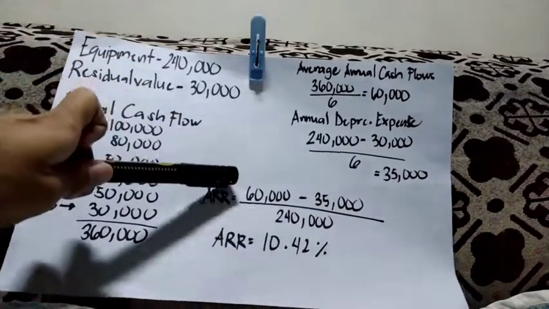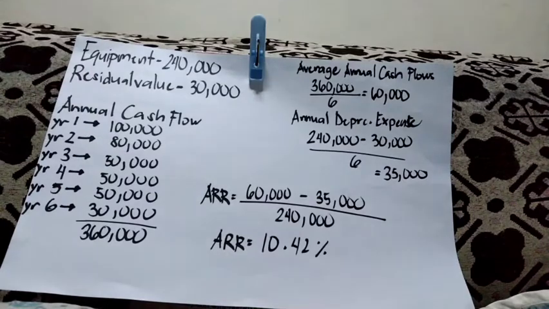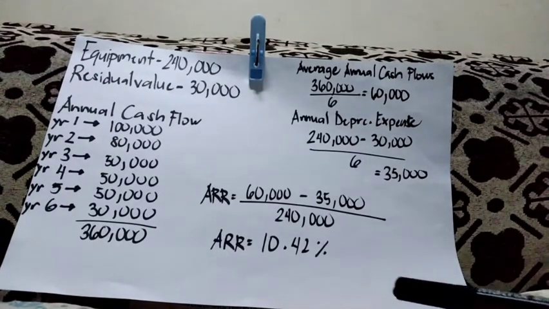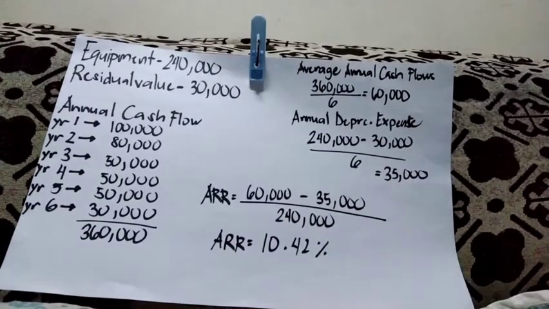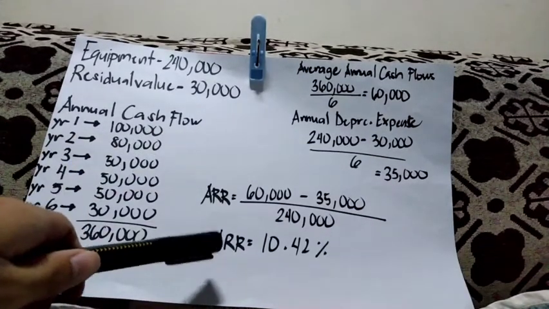So 60,000 minus 35,000 over 240,000 is equal to 10.42%. So the accounting rate of return is 10.42%.